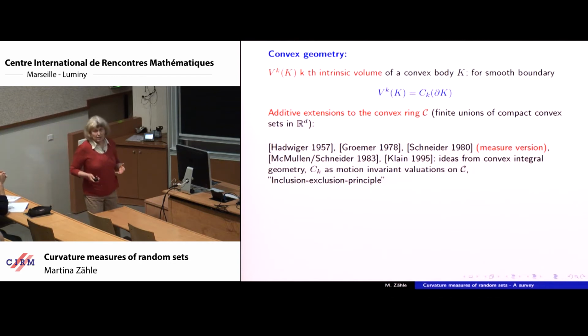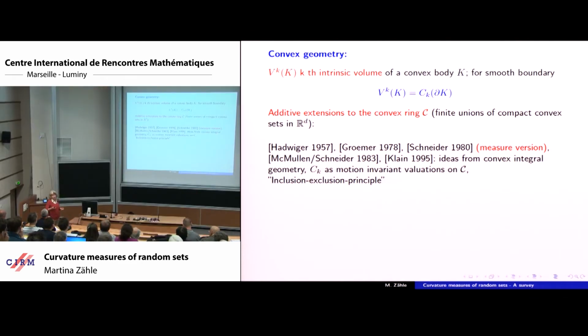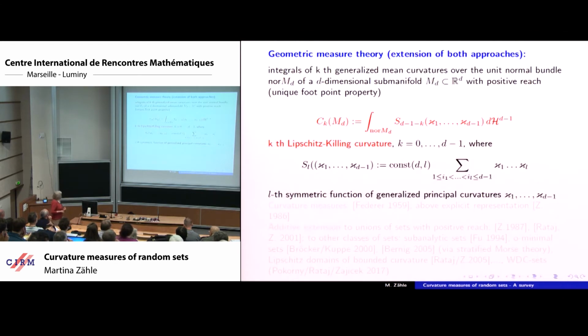And the inclusion-exclusion principle plays an important role when extending this to finite unions of convex bodies. Many of you know this theory, and this is the advantage of such a conference. I do not have to introduce all these notions because you know them. Therefore we can go to the next slide.